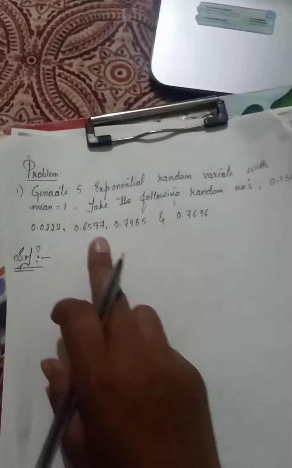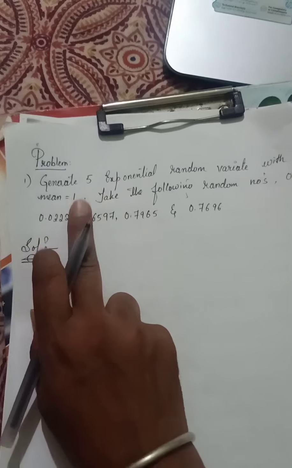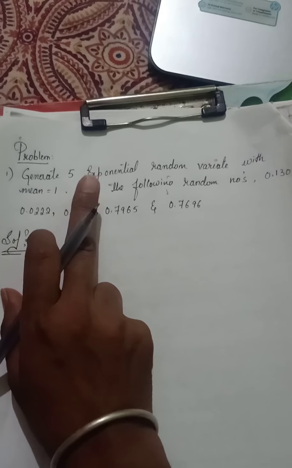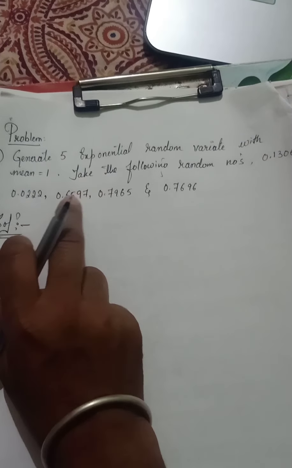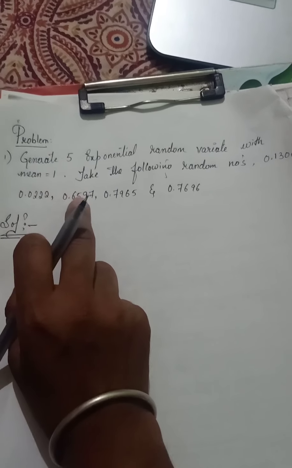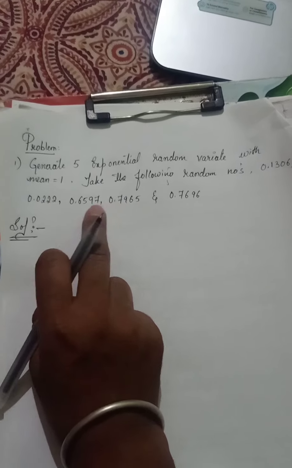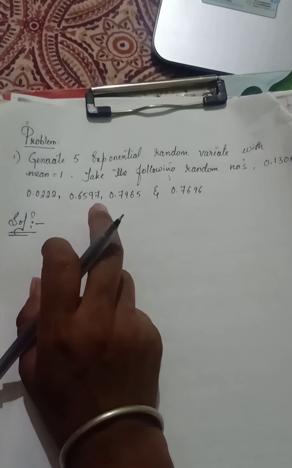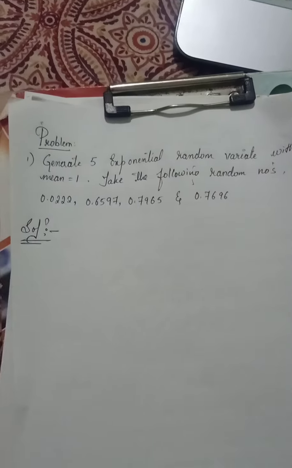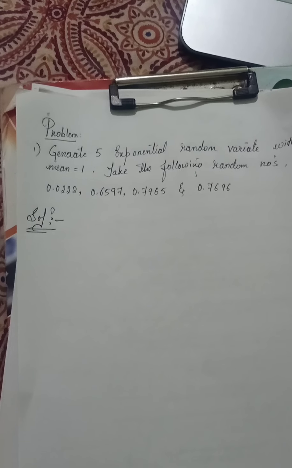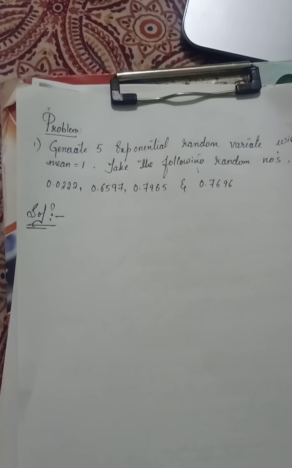They had given the mean, right? So mean in the exponential is nothing but 1/λ, so we will be getting lambda. Already they had given the random numbers, so it is easy to find the random variates. What is the formula to find the random variates?